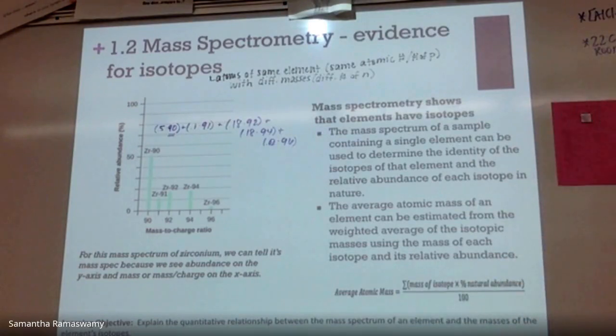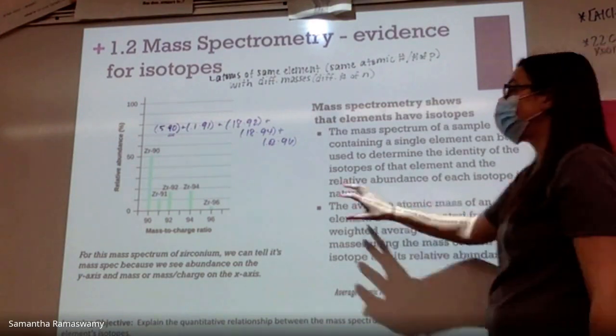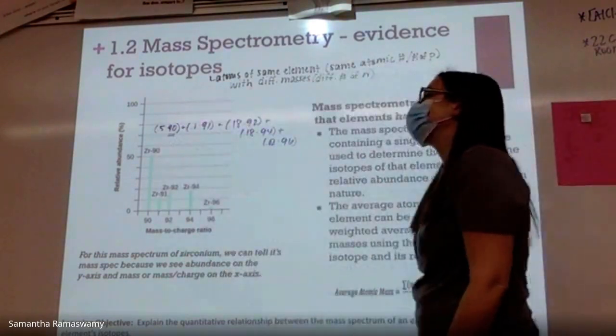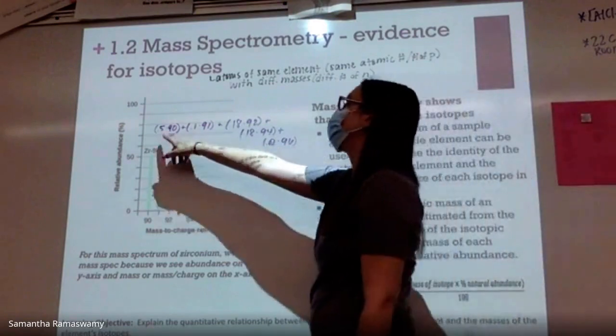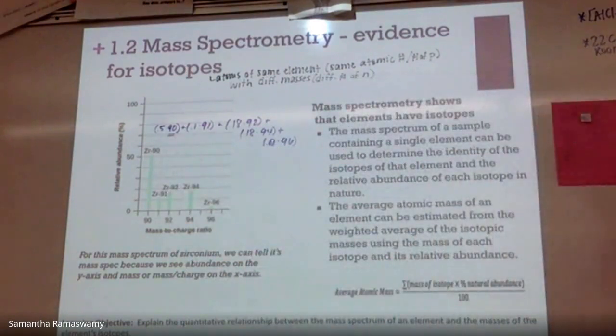The mass on the periodic table is the average atomic mass, and that is calculated by doing what we did here with mass spec data. So average atomic mass is taking your relative abundance times the mass of that isotope. So mass spec data gives us information about isotopes, atoms of the same element with different masses.